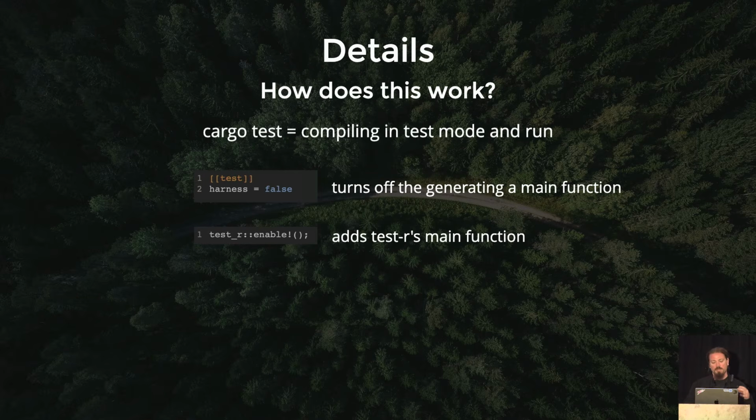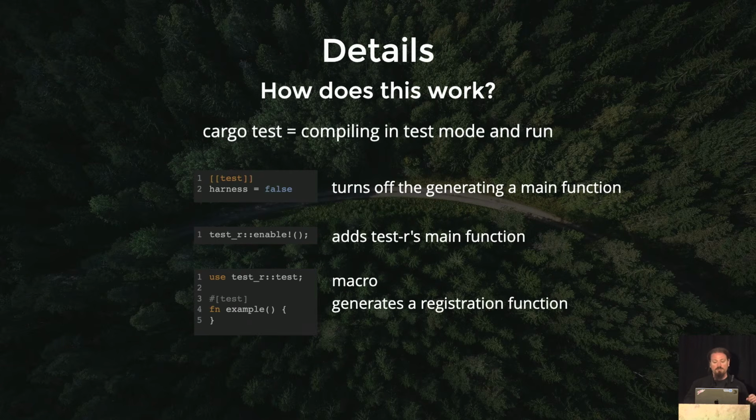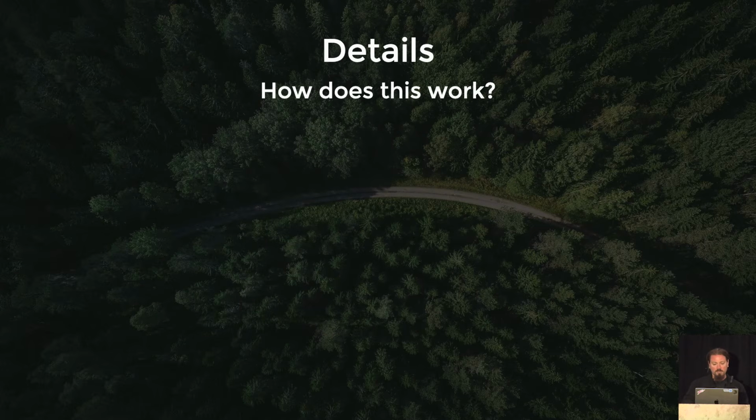And then this enable macro adds testar's own main function instead. And the test annotation itself is an annotation macro, which generates code that is using CTOR to generate a registration function that adds information about the test to some global list, and then the generated main function can decide how to execute these.